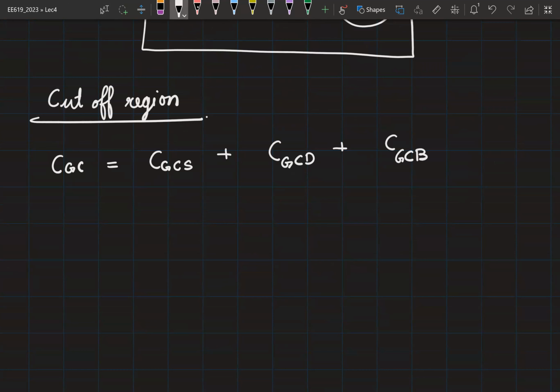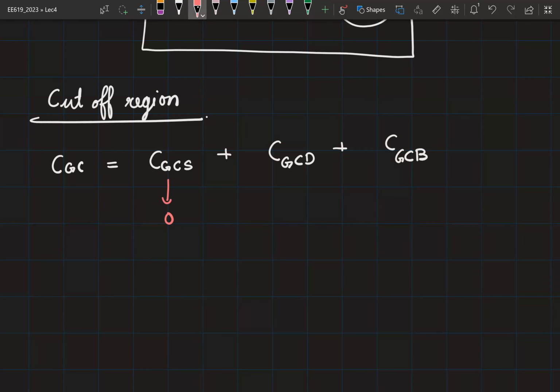What comments can you make about each of these components? What should be the gate to source capacitance, the channel capacitance between the gate and the source? It should be equal to 0. Why? There is no channel. Exactly. What about this component? This will also be equal to 0.